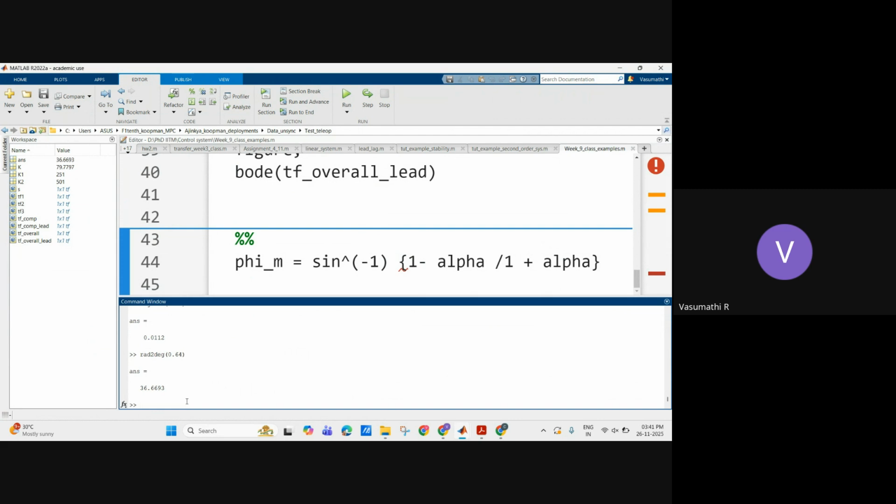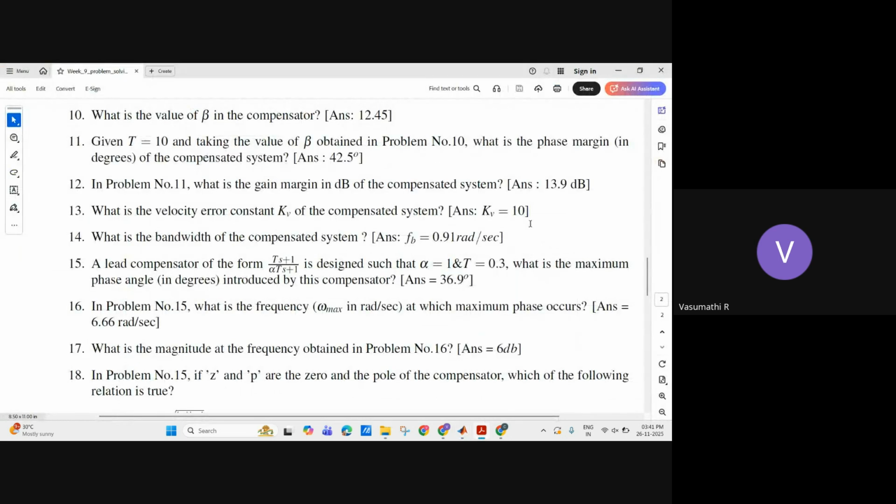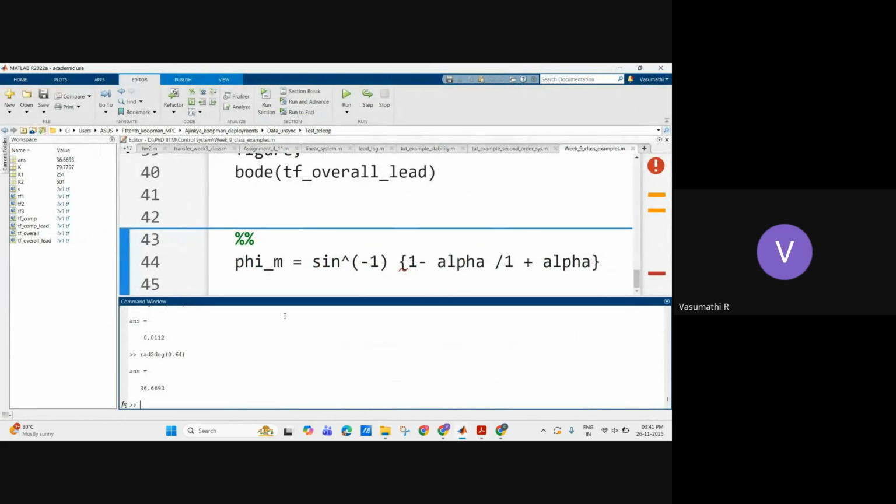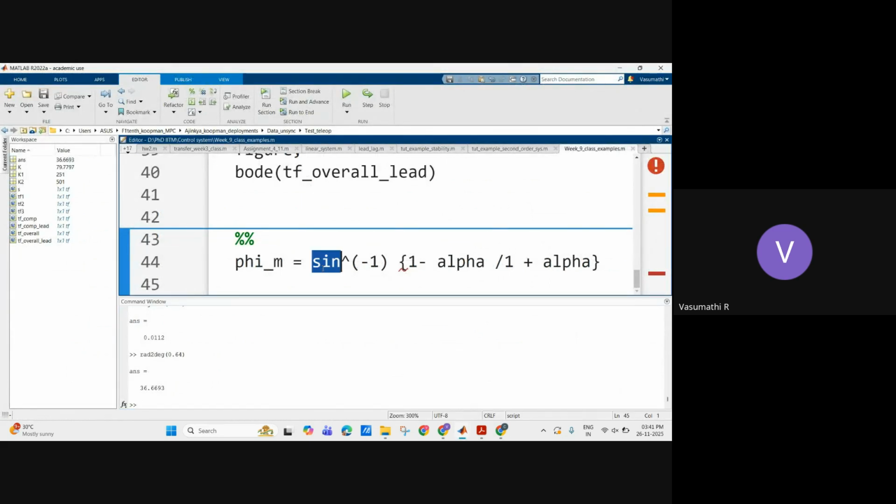So in degrees, if you calculate, it will be around 36 degrees. That is the answer, the maximum phase angle. So the thing to learn behind this is that the maximum phase angle can be calculated from the formula sine inverse of (1 minus alpha) by (1 plus alpha), where alpha is the given parameter in your lead compensator.